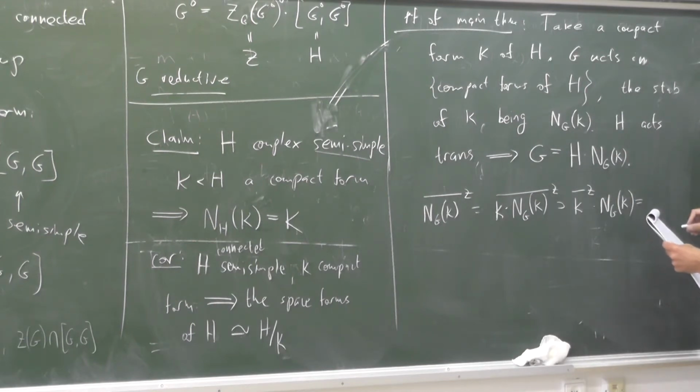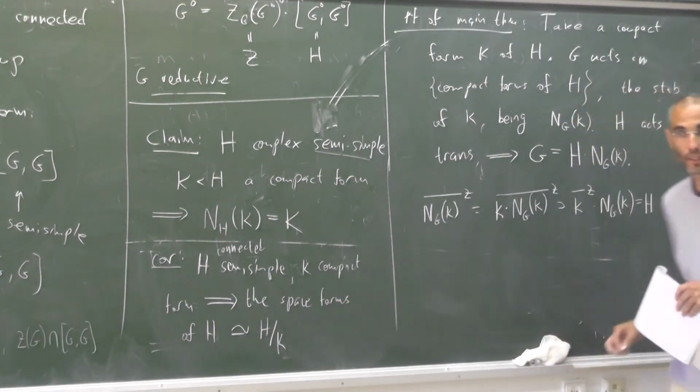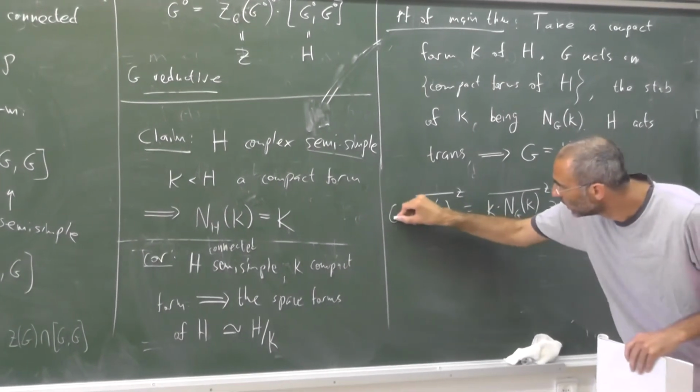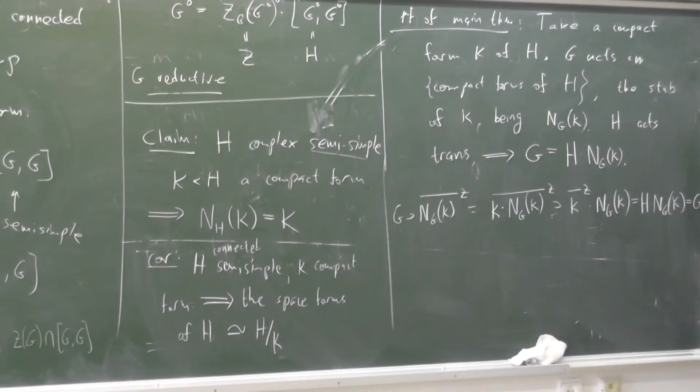And I know what the Zariski closure of K is. What is the Zariski closure of K? No, that was before. That was not H. So K is a compact form of H, so it's dense in H. And this is H, the normalizer. And this one is G. So everything here is eventually dense.